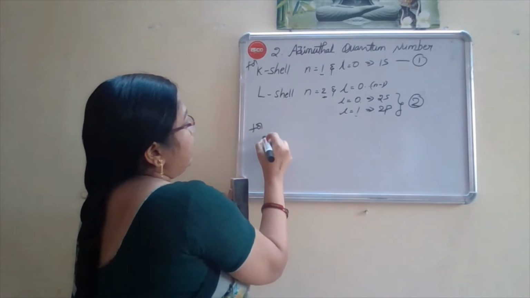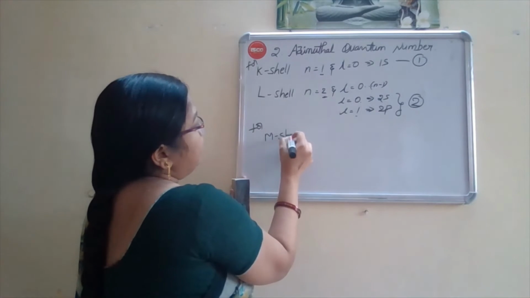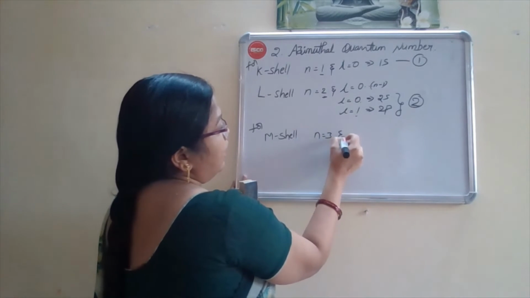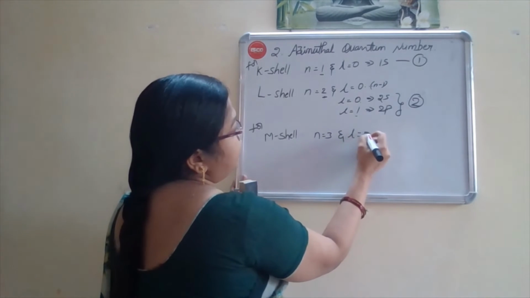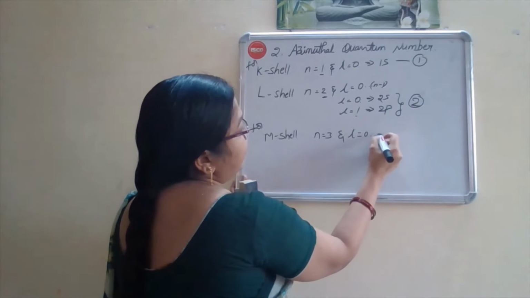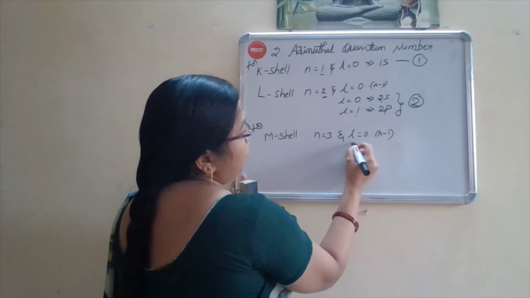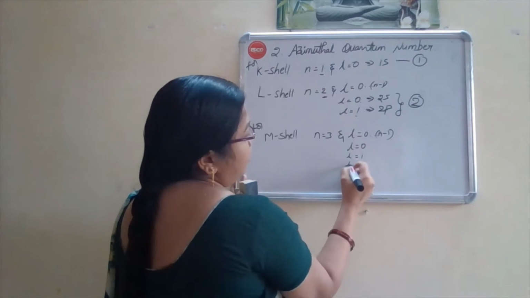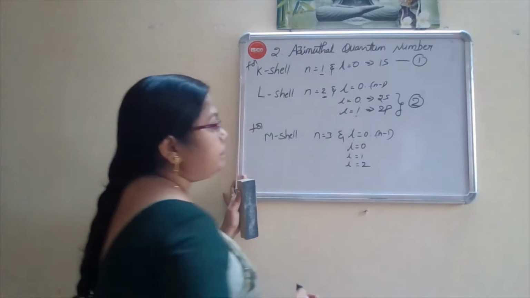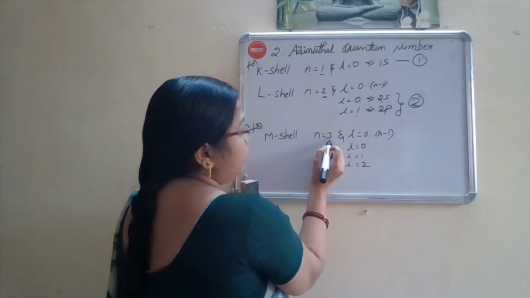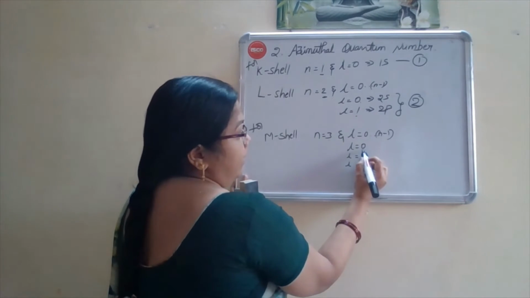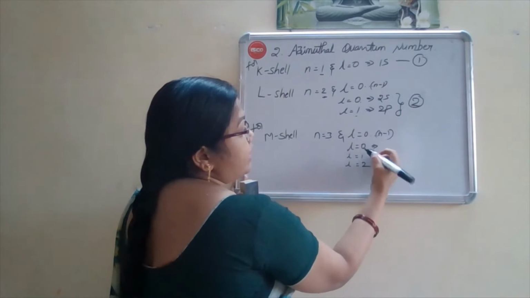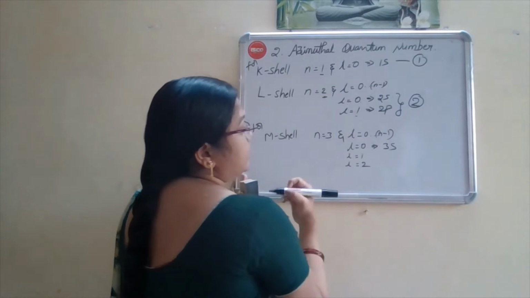For M shell, n equals 3 and l ranges from 0 to n minus 1. So, l equals 0, l equals 1, l equals 2. If n equals 3 and l equals 0, the resulting subshell is 3s.